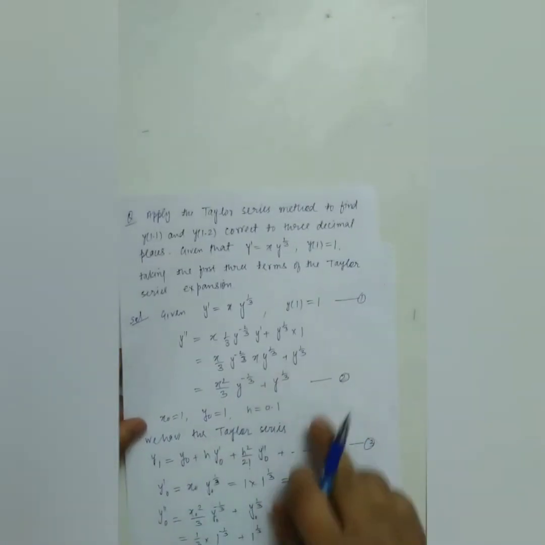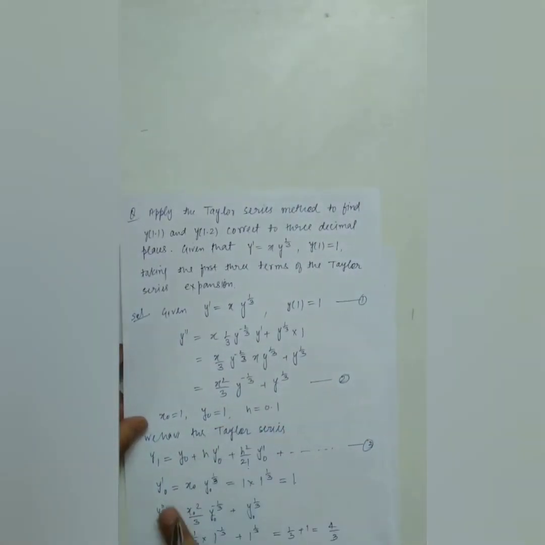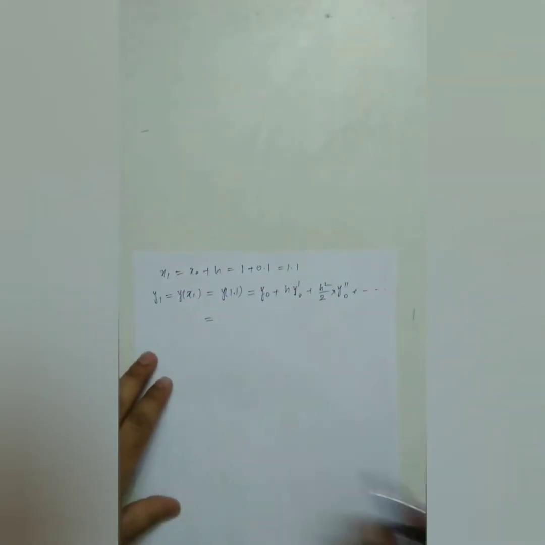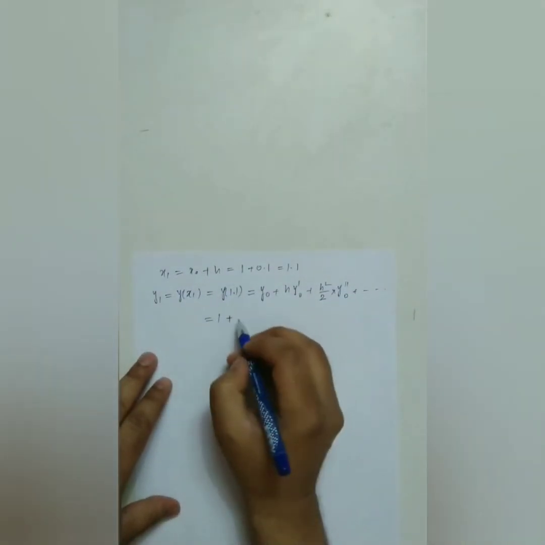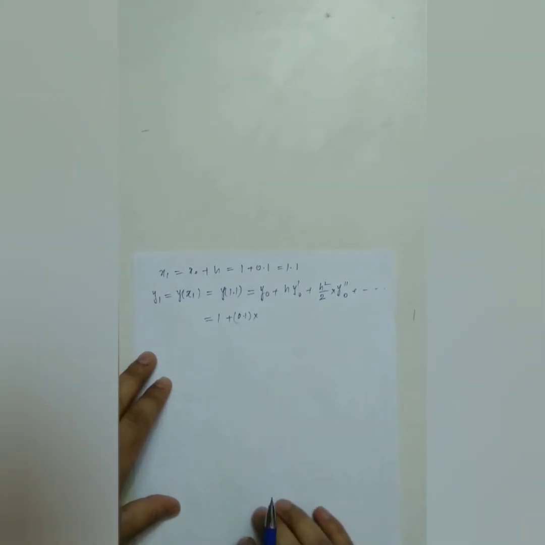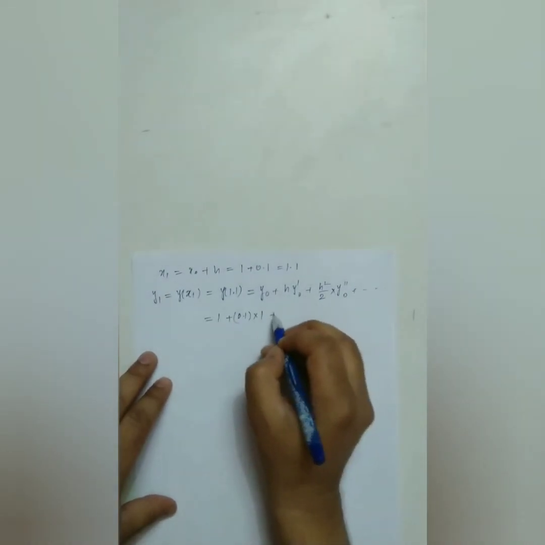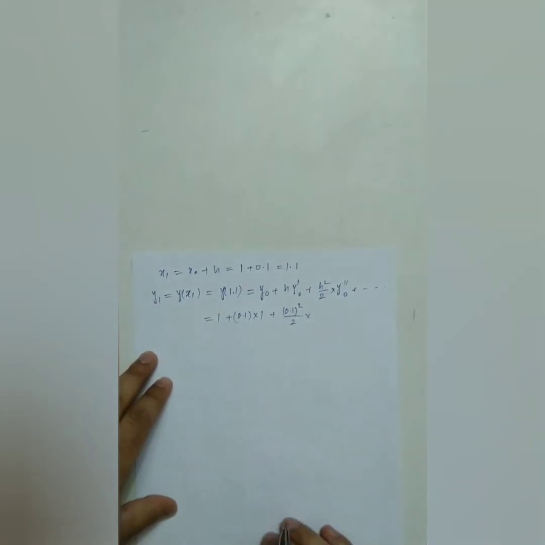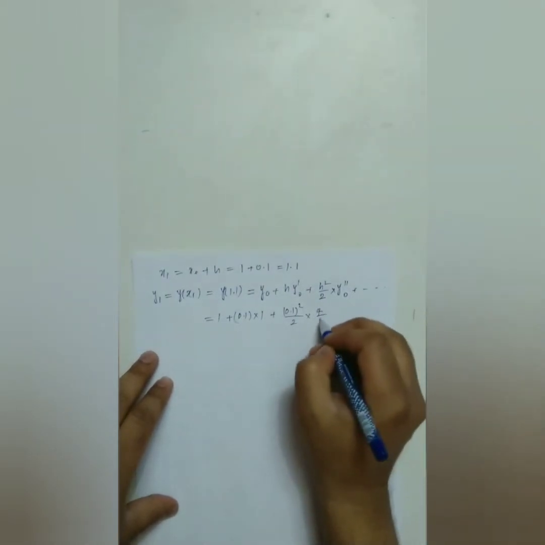y0 is 1, y dash 0 is 1 and y double dash 0 is 4 by 3. So we are putting the values: 1 plus h, which is 0.1, into y dash 0, which is 1, plus 0.1 square by 2 into y double dash 0, which is 4 by 3.